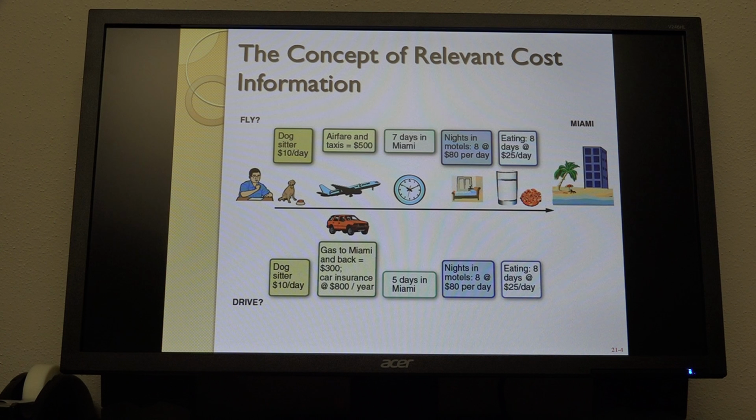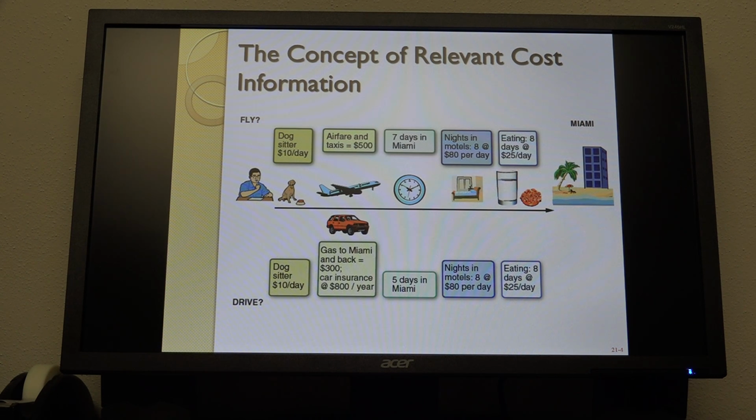So what is a sunk cost? Well, it's a cost that doesn't change regardless of your decision. A good example of a sunk cost is a cost that has been incurred in the past. Well, you've already incurred that cost. It's not relevant to your current decision.